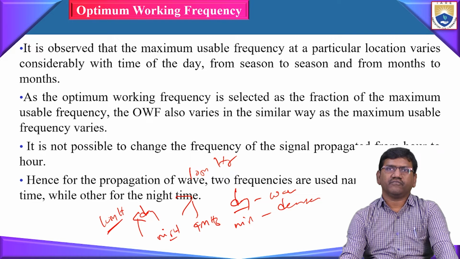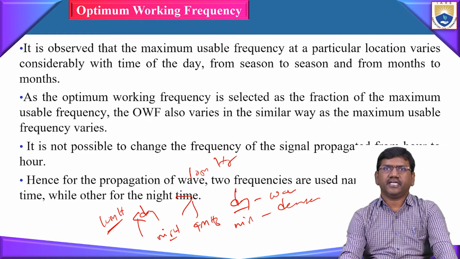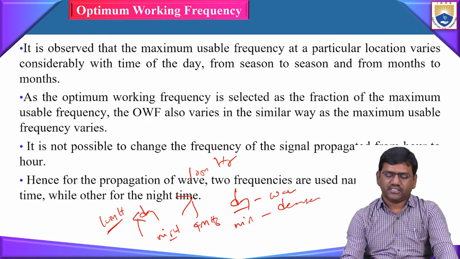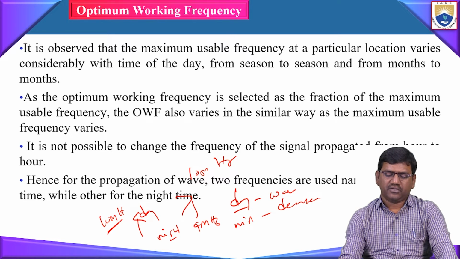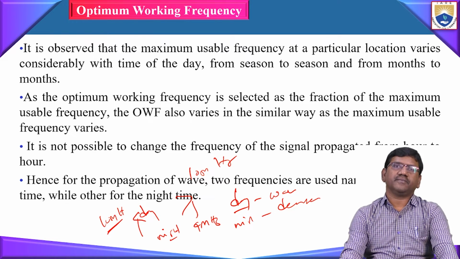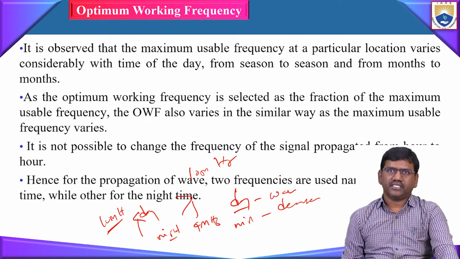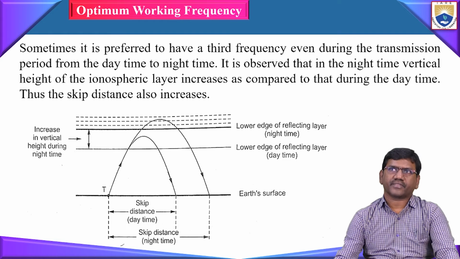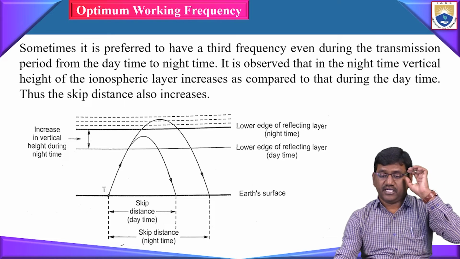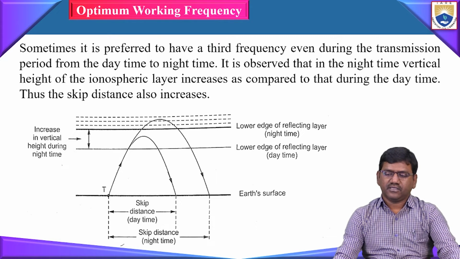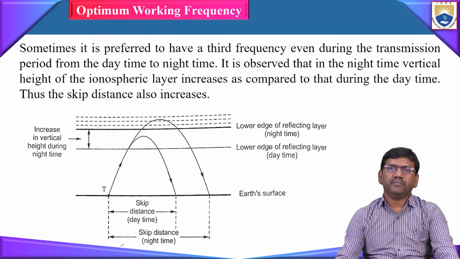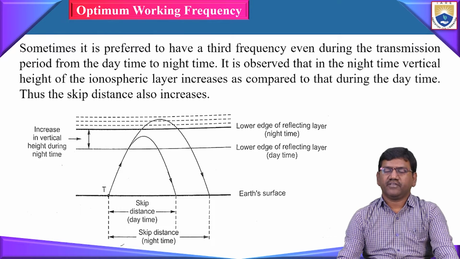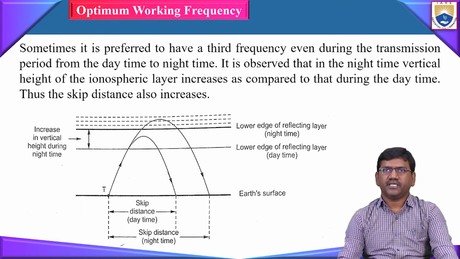So for the propagation of waves from the transmitting antenna, we are going to assume two frequencies, one during the daytime and one for the night time. This is the only solution for us to transmit two different frequencies during daytime and night time. And the other solution given for the transmission from daytime to night time is the optimum frequency. Here, an optimum frequency is fixed, whether it is daytime or night time.